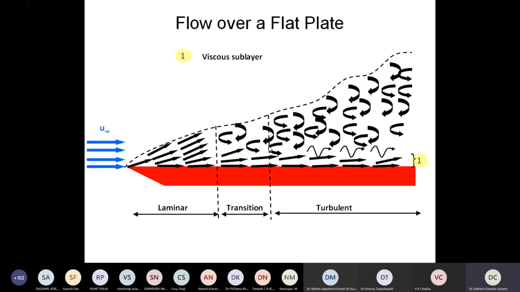But the layer very close to the surface is unaware of what is happening in the core zone. The core zone turbulence is established, but very close to the surface is what I'm calling the laminar sublayer, right? It is strongly attached to the surface with strong adhesive forces between the fluid particles and the surface, so the fluid is still well behaved, laminar, right?